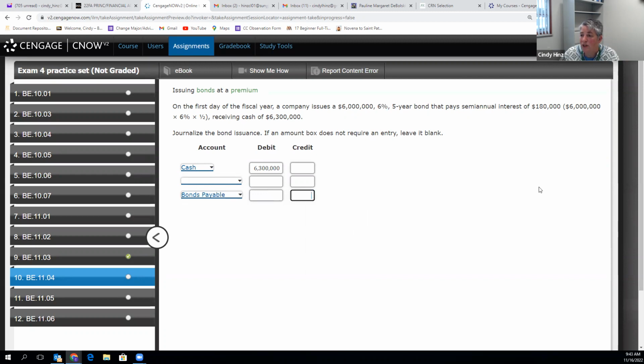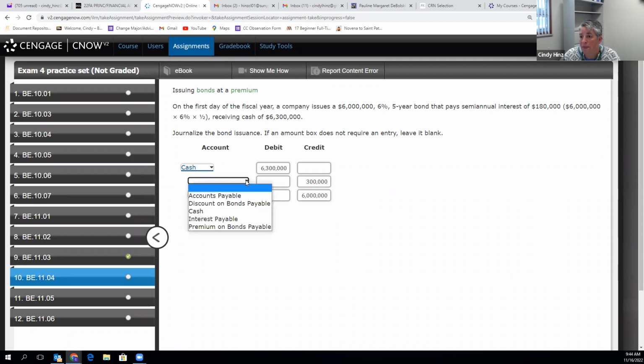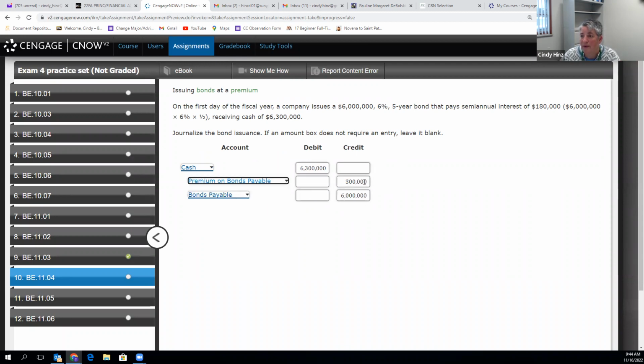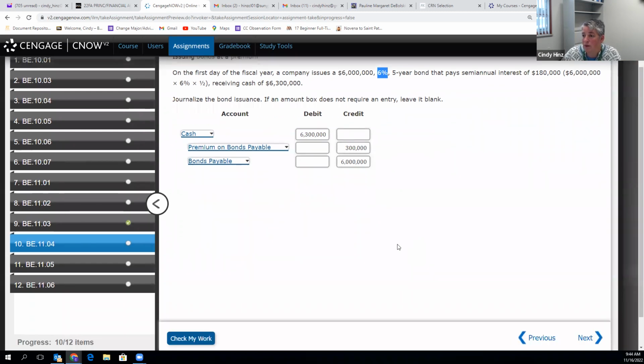On our balance sheet, though, the bonds payable account always must be reported at the face value, because that's the amount that we are required to repay when these bonds mature in 5 years. And the difference between those is the premium amount. And again, the premium is the amount that we need to make this entry balance. It's the extra that our bond purchasers were willing to give us because our interest rate was higher than other bonds of similar risk.